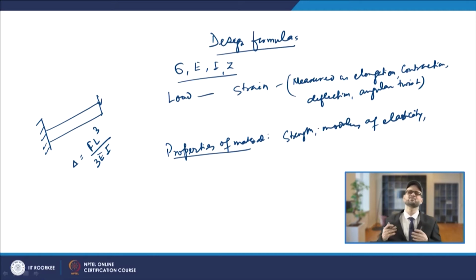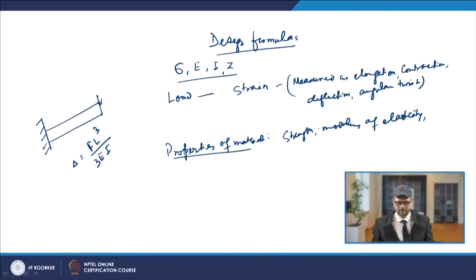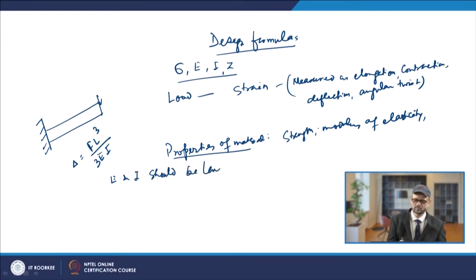What we normally design for, our basis of design, is that we should have the minimum amount of deflection. For that, we try to have a material with larger and larger values of E and I. Among the different materials, E and I should be large to have minimum deflection.